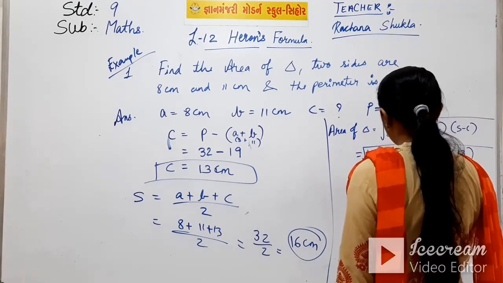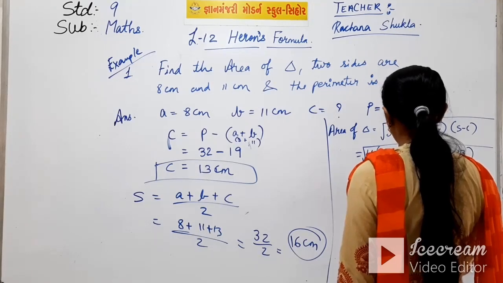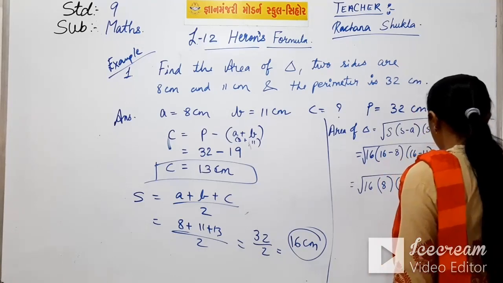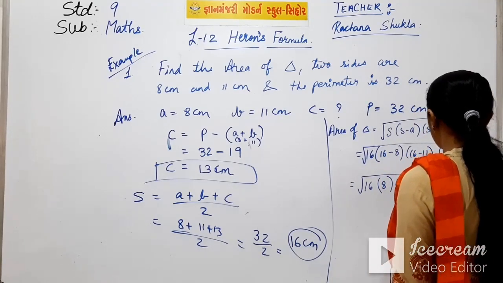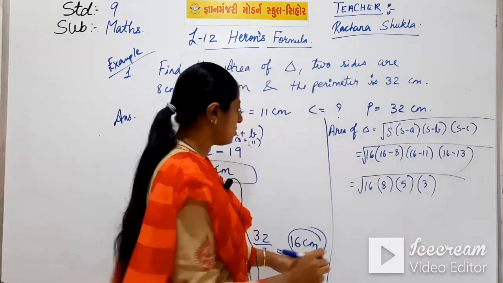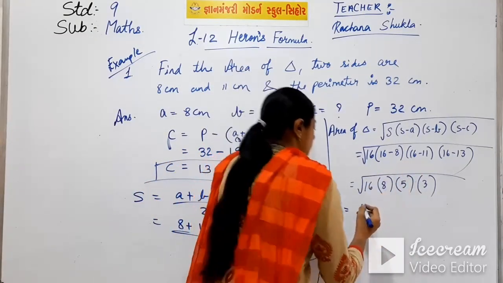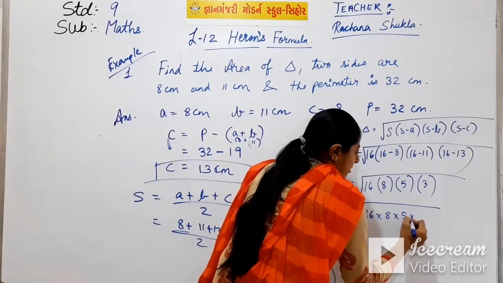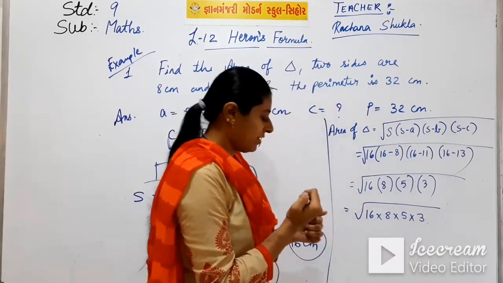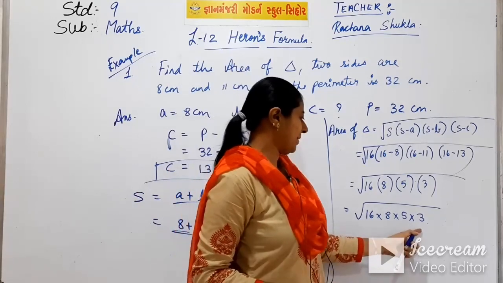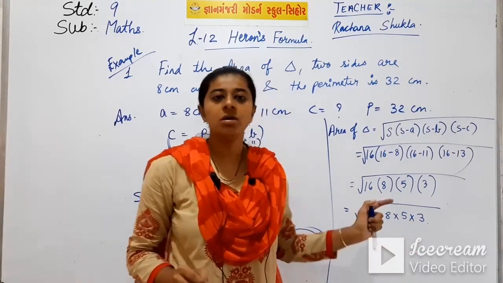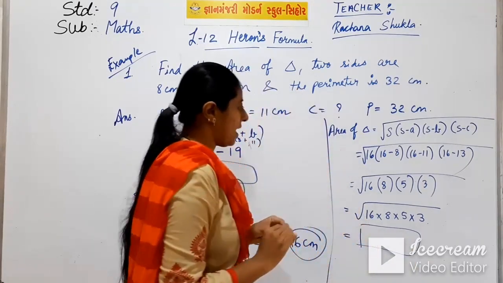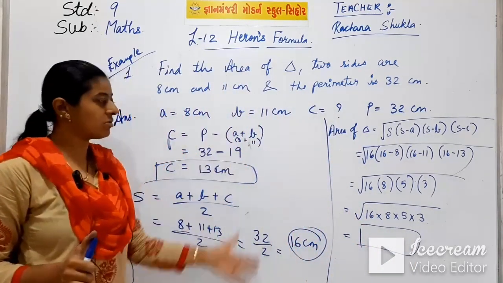Then 16 minus 8 is again 8, 16 minus 11 is 5 and 16 minus 13 is 3. So this way, you will find out, first multiply and then you have to find out the root. This will be your answer. Find out the answer by yourself. Please note down this sum.